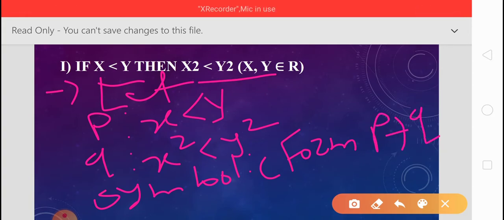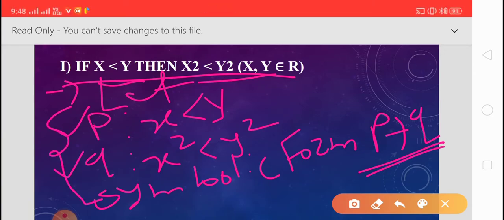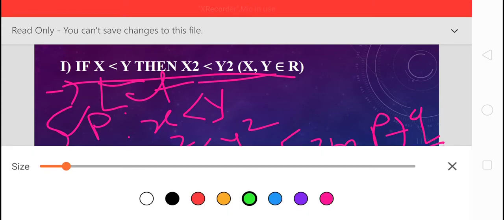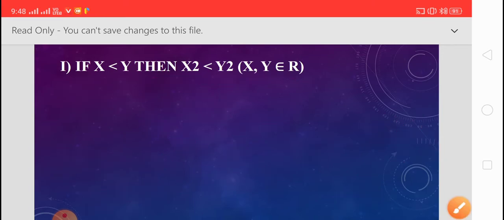Now we have to write the converse, inverse and contrapositive of this implication. So firstly we must write the p statement, q statement and then the symbolic form. Now we write the converse of this statement.